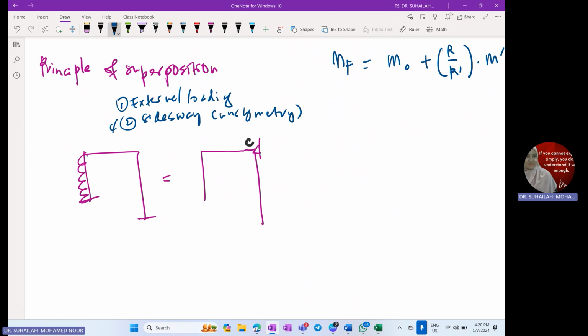There is no side movement, so that we can calculate FEM using external loading only, because there is no more delta. And this R here is actually the reaction.